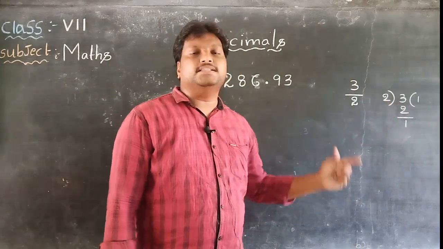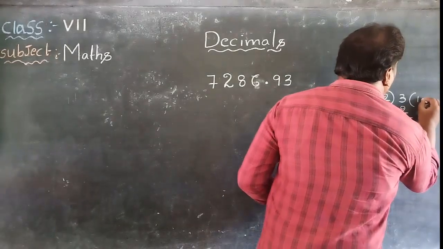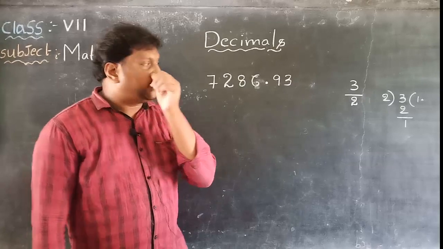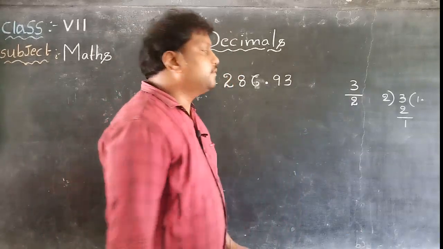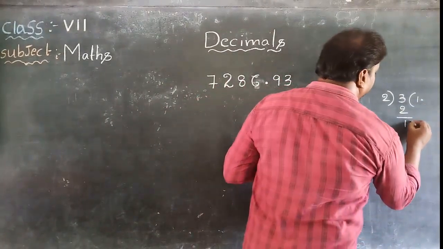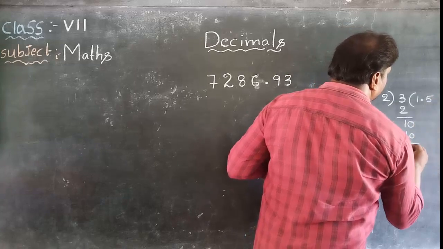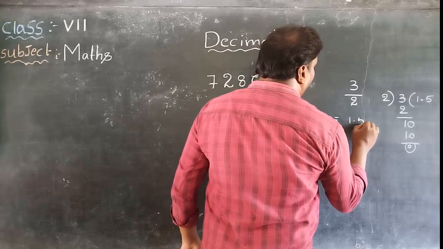But in decimals we will continue. Why? Because if you put a point after the coefficient, we can take an infinite number of zeros. For example, I kept the point here, that's why we get 0. 2 5s are 10, so 3 by 2 is nothing but 1.5.